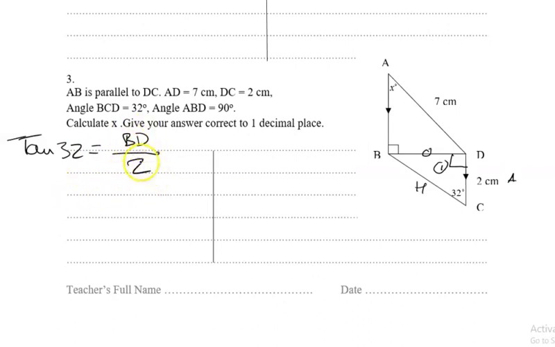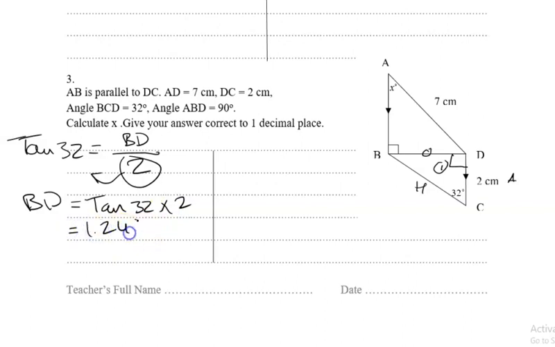So to work out BD, we're going to take 2 to the other side. So the length of BD is going to equal tan 32 times 2, which is going to equal 1.249738704.